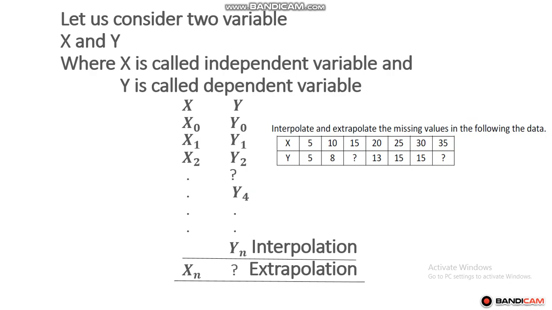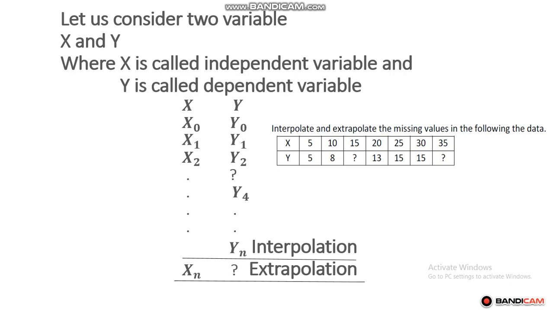Let us consider two variables. One variable is called x and the other is called y, where x is the independent variable and y is the dependent variable. Look at this: the x column ranges from x0 to xn, and the y column ranges from y0 to yn. Here the definition is very clear.